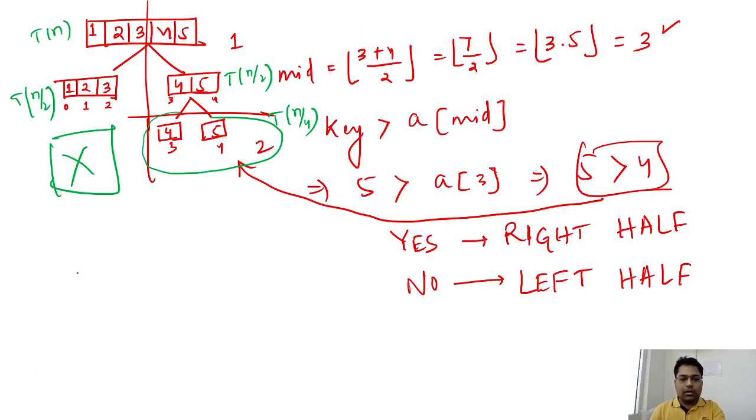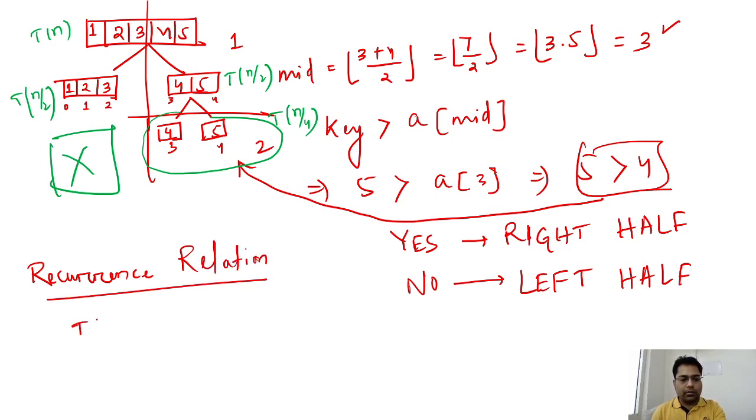But as per our example, the recurrence relation could be T of n equal to T of n by 2, since we are focusing on the right half. And if that is enough, there is nothing else, so we say either big O of 1 or simply 1.